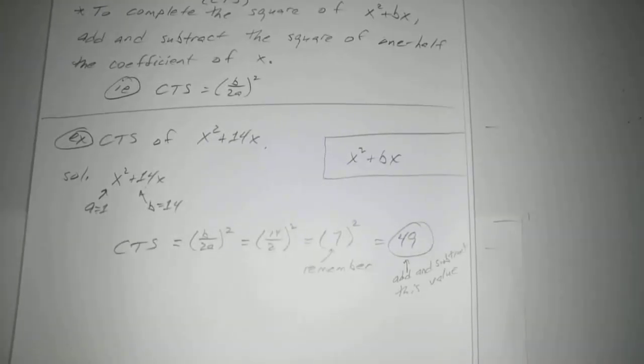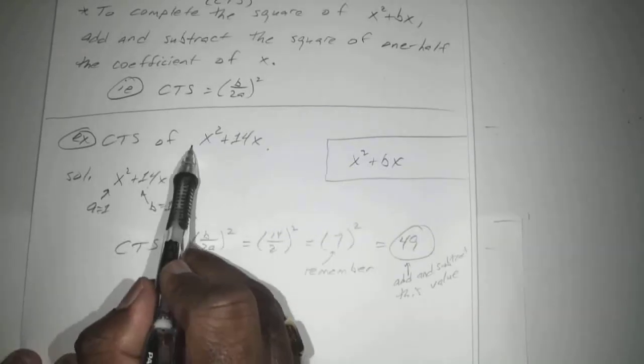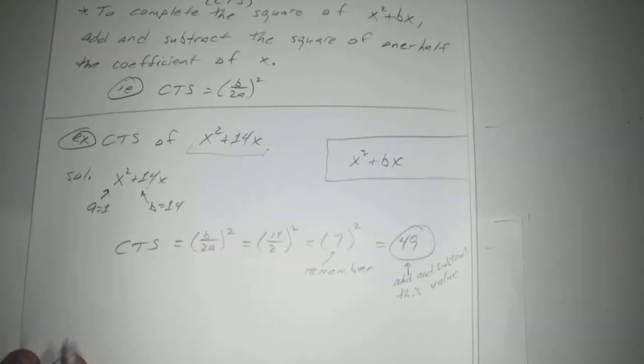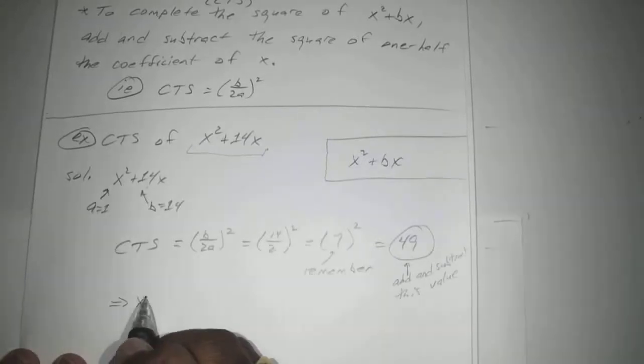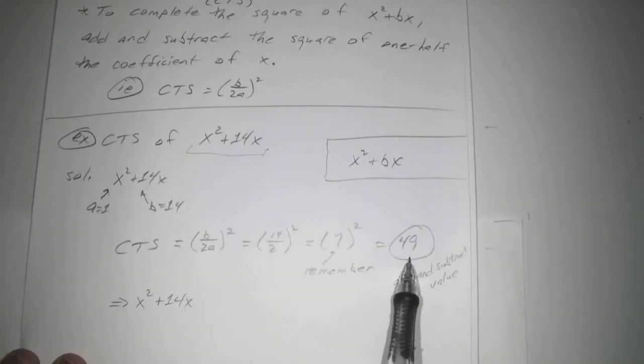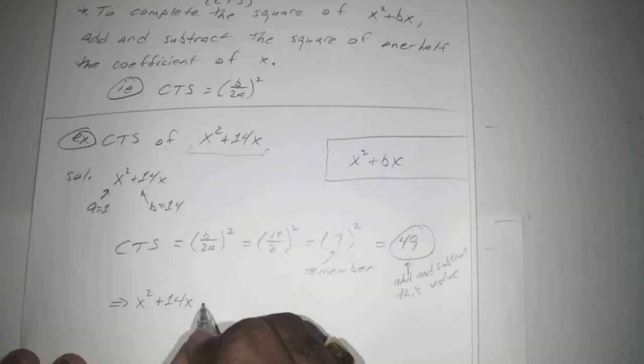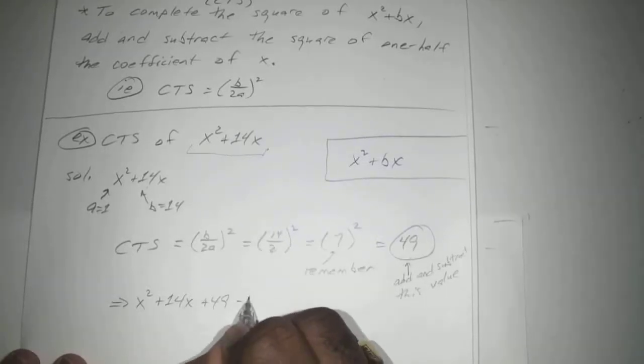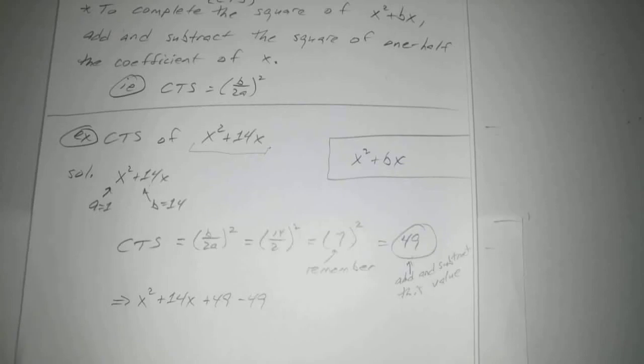Now once you do that, this will become x squared plus 14x plus 49 minus 49. Technically you just added 0.